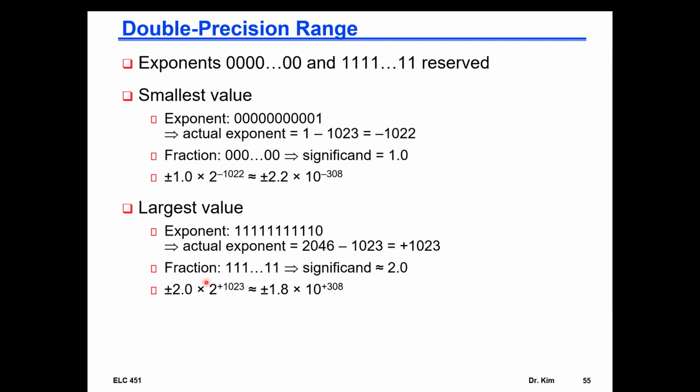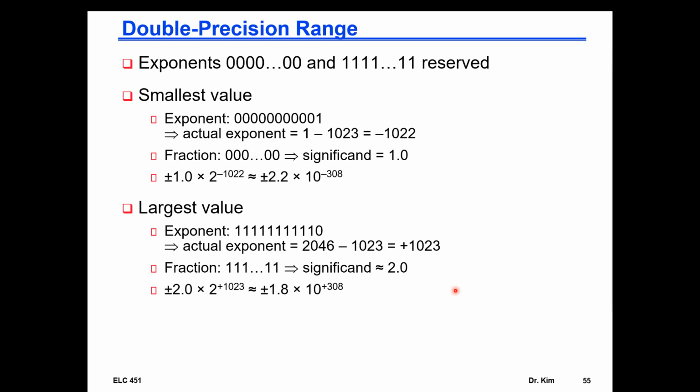And that gives you about plus or minus 1.8 times 10 to the 308. So that gives you an idea of the range for both the single precision and the double precision.